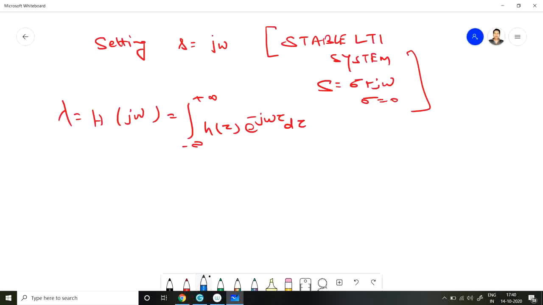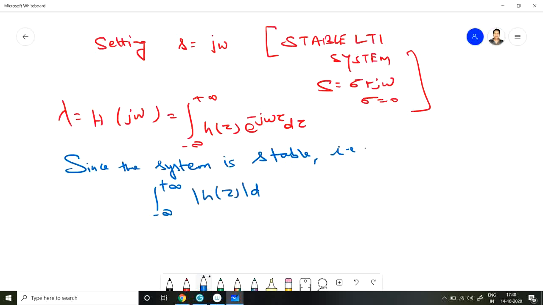Since the system is stable, it means that the integral from minus infinity to plus infinity of modulus of h(tau) d tau is less than infinity. Better to write it the next way.